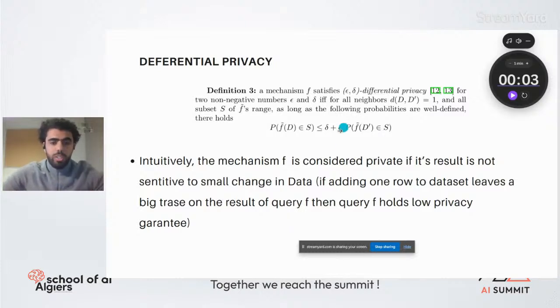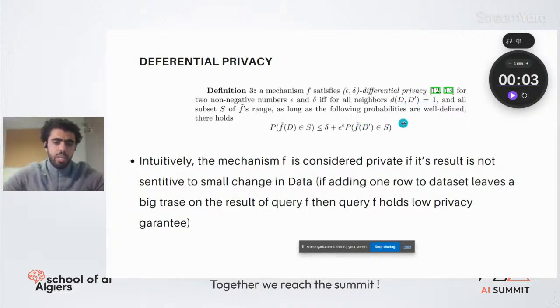So what this formula basically says is that if we have a dataset D and another dataset, a neighbor dataset D prime, with a distance of 1 between them.